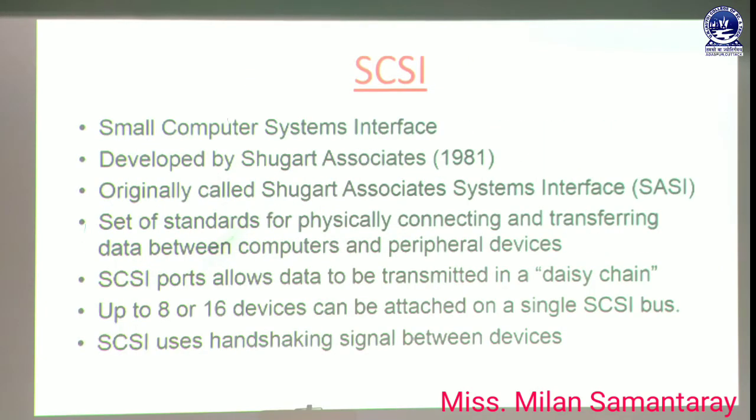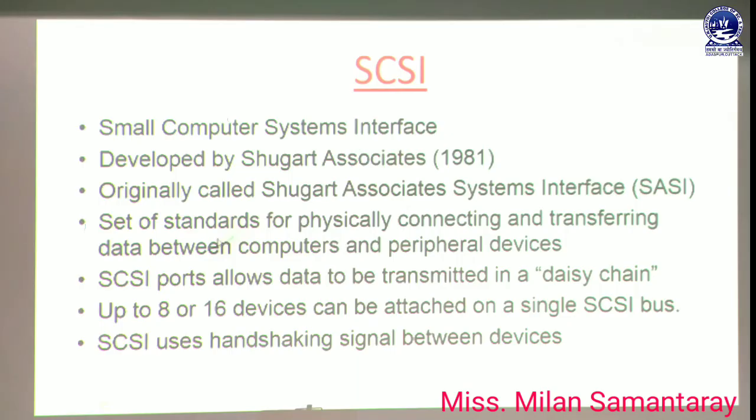Then the next one is our SCSI bus. SCSI stands for Small Computer Systems Interface. It was developed by Shugart Associates in the year 1981, and it was originally called Shugart Associates System Interface, that is SASI, but after some years it was named Small Computer System Interface.